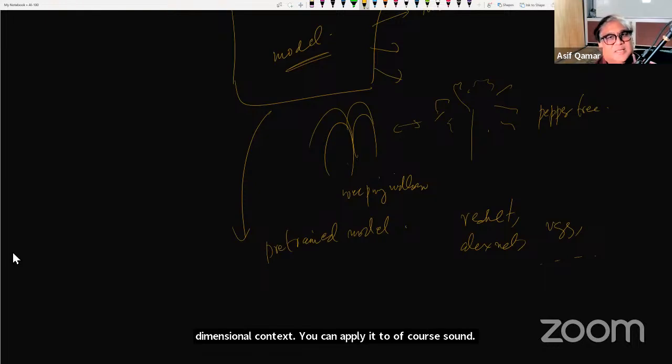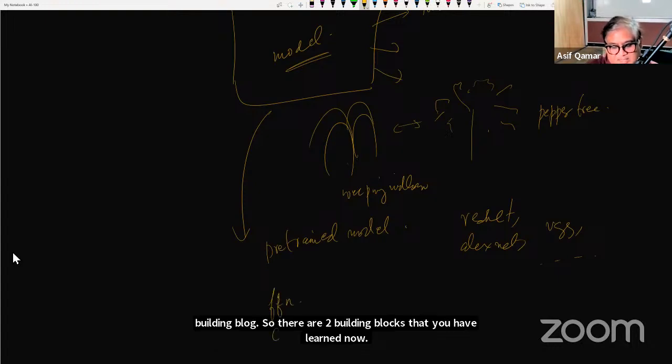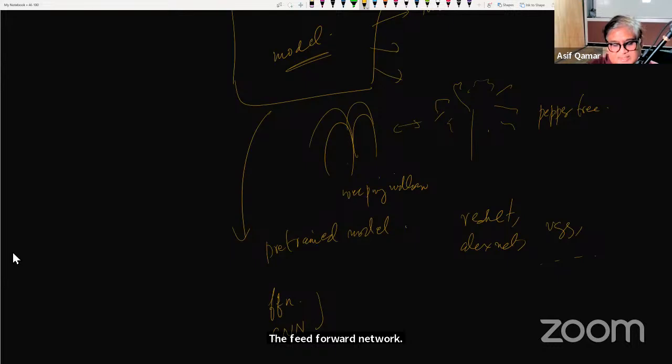And CNNs have been a dominant, and at the end of the day, one of the simplest neural architectures that you can think of. It's a building block. So there are two building blocks that you have learned now, the feed-forward network and the CNN, isn't it?